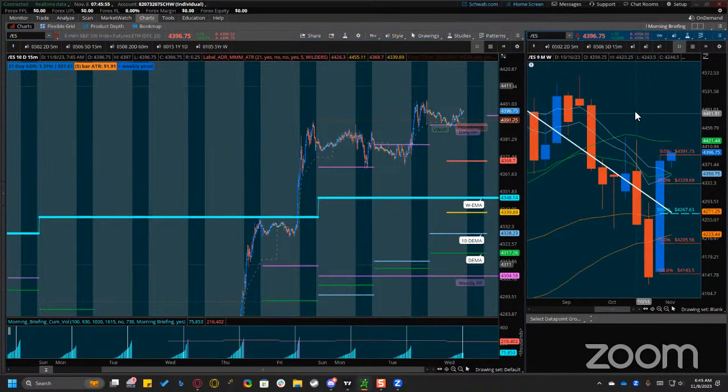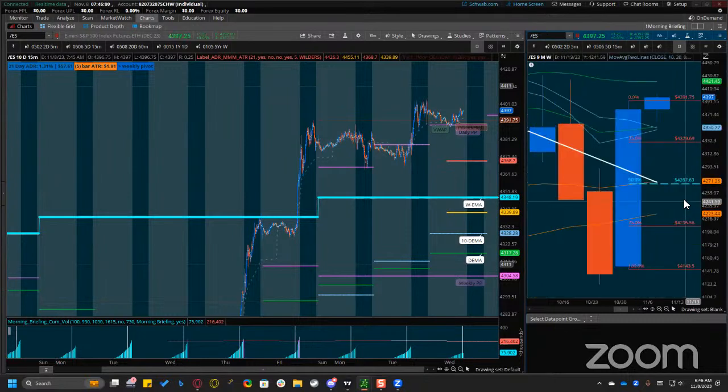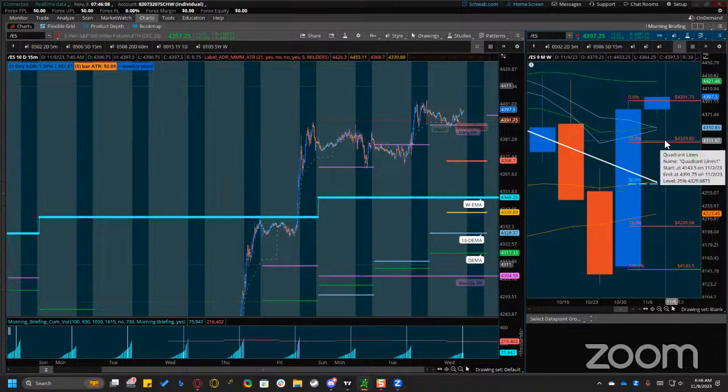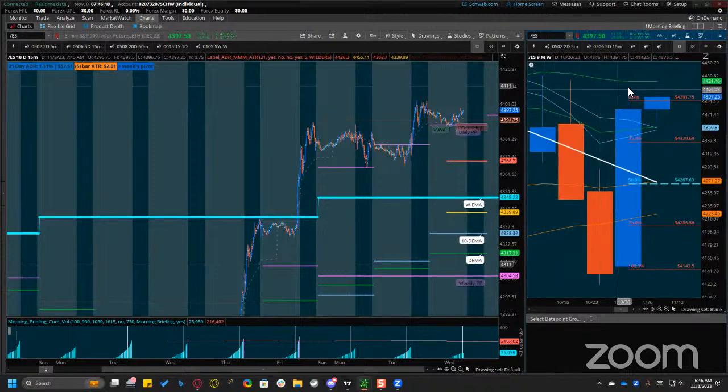Looking at things on the weekly chart, we are still right where we were last week. We've got our inside week breakout, but I mean, we really haven't gone anywhere. Still holding at that 4,400 level. There's those two wicks to the left, really important.